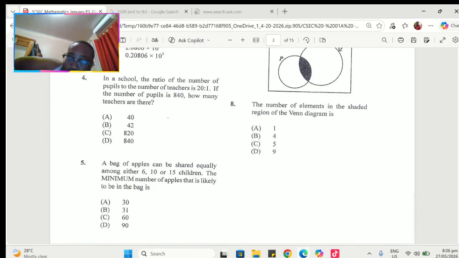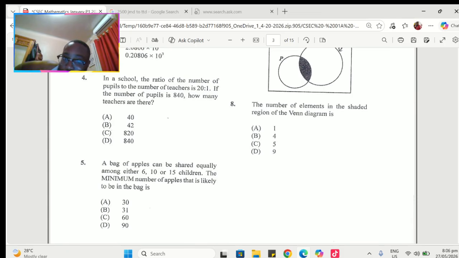Number 4, ratios question. In a school, the ratio of the number of pupils to the number of teachers is 20 to 1. If the number of pupils is 840, how many teachers are there? So, the pupils will be 20, teachers will be 1. We're going to change this into a fraction. We're going to put the 1 as the numerator, and the denominator would be the two numbers combined.